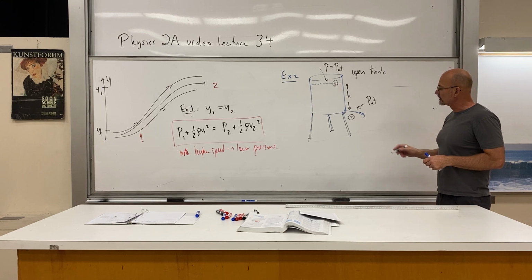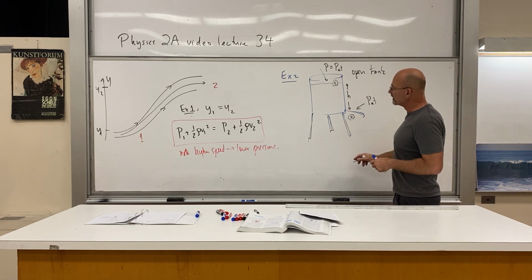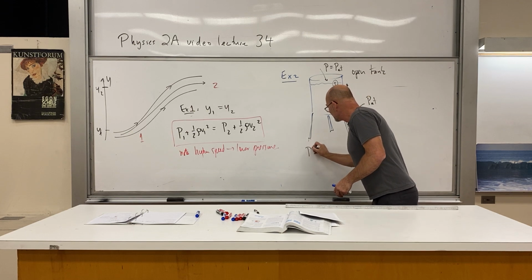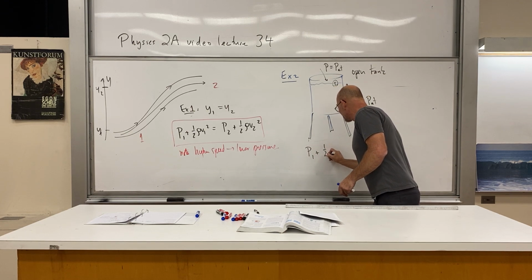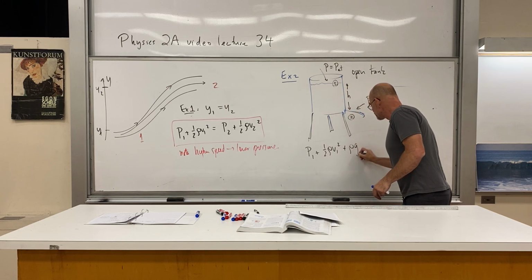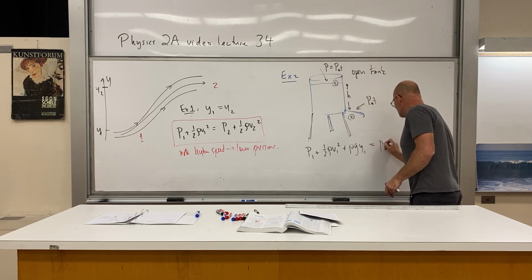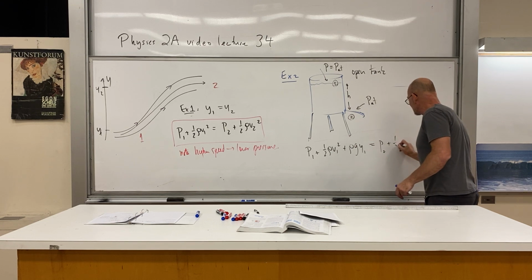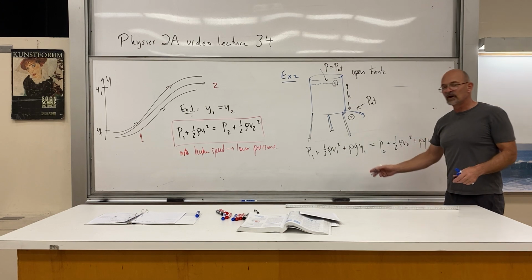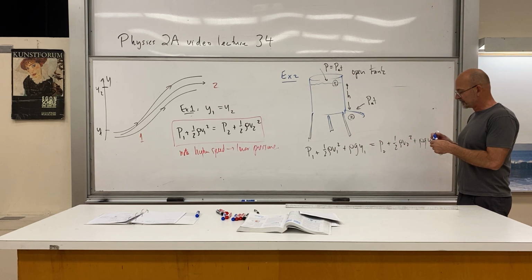Let's go ahead and write down Bernoulli's equation in 2 steps. So we will have P1 plus 1/2 rho V1 squared plus rho g y1 equals P2 plus 1/2 rho V2 squared plus rho g y2. Just like we did with energy, we just write the thing down.